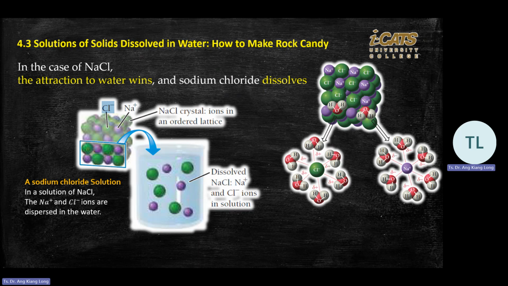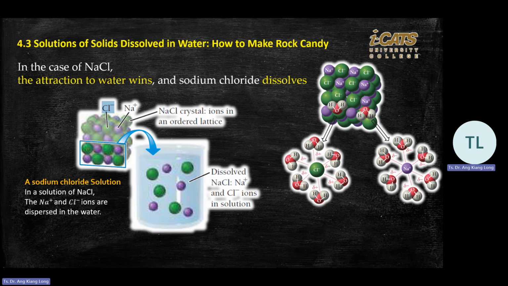Okay. So in NaCl, the attraction to water is higher, so the sodium chloride dissolves. The attraction of the ions to water is stronger than the solid NaCl solute-solute attraction.